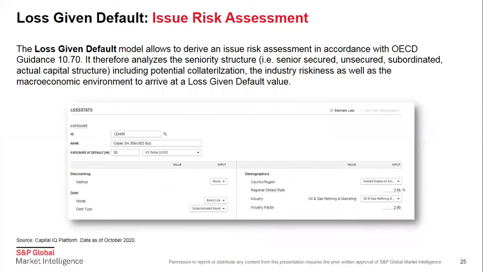Now let's talk about loss given default. One of the critical components that have come up from the determination of the guidance is not only the determination of the multinational entities' and the subsidiaries' risk assessment, but the assessment of the individual issue itself.